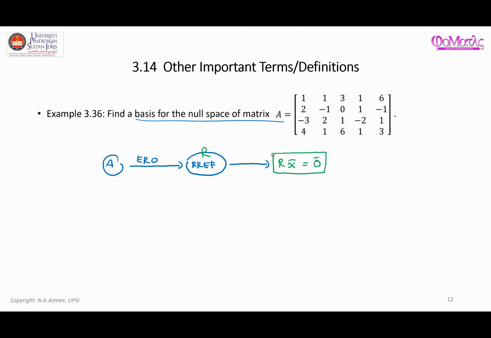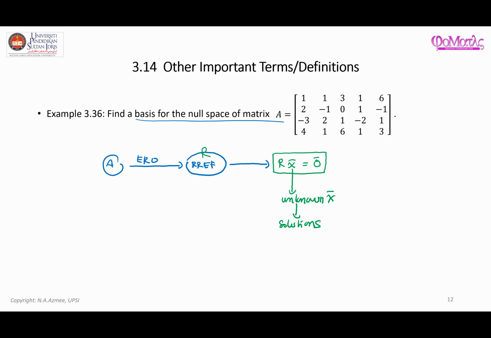And this is something which you have already seen in the previous video when I talked about the idea of null space. So once you consider this homogeneous system, you're going to solve for the unknown x, and you're going to get the solutions.